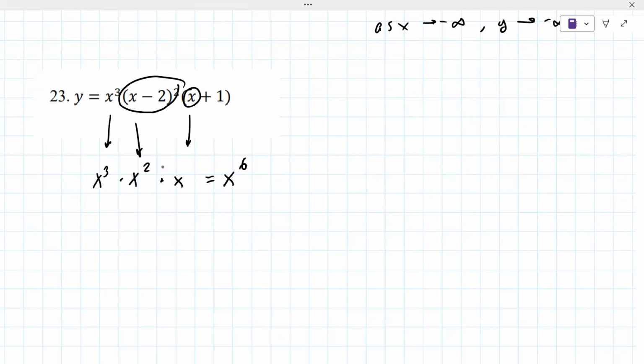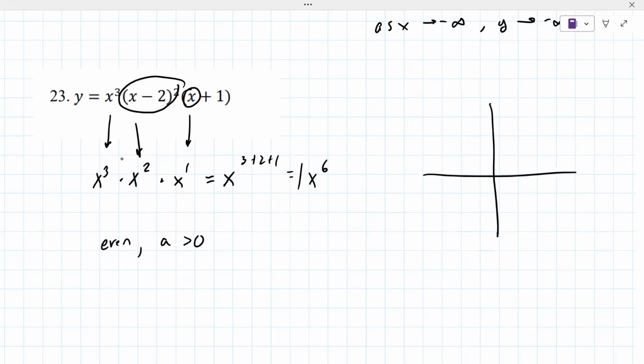Wait, wouldn't you add the exponents? Oh yeah, you'd add the exponents, and that's what I did. Good question here. It's 3 plus 2 plus 1, x to the 6th. This one doesn't have a leading coefficient, we'll do some like those at some point, but the leading coefficient is 1 here, so this is even, and a is greater than 0, so the graph is high and high.